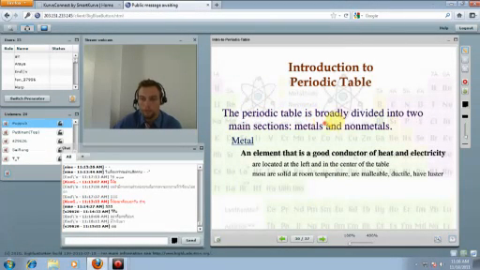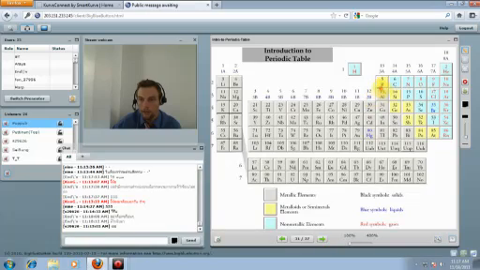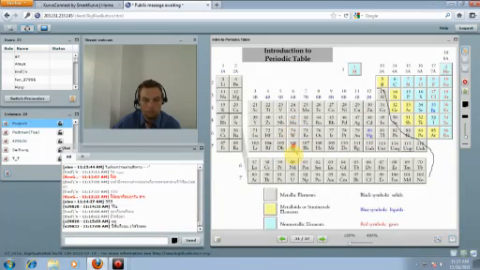So the periodic table is broadly divided into two main sections, metals and non-metals. So like we said before, the metals are a huge group of the periodic table. Everything kind of from here over except Mercury is a metal, metallic element.